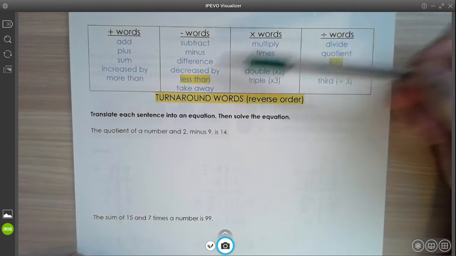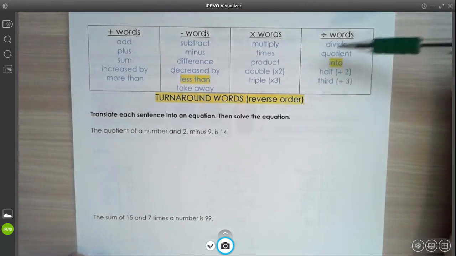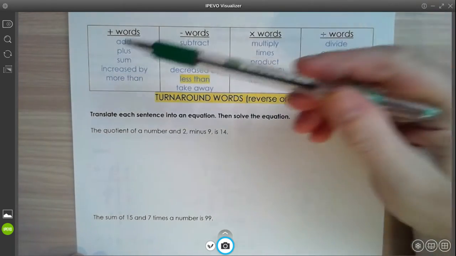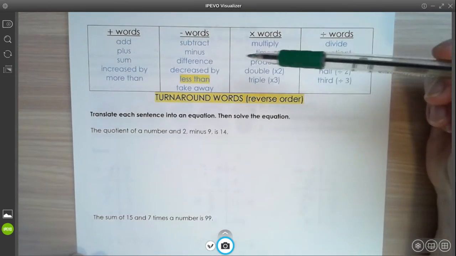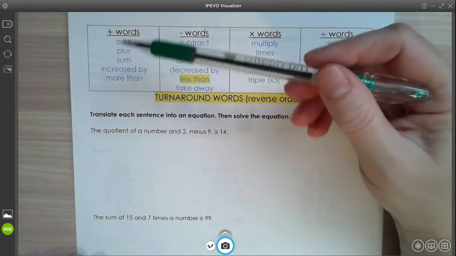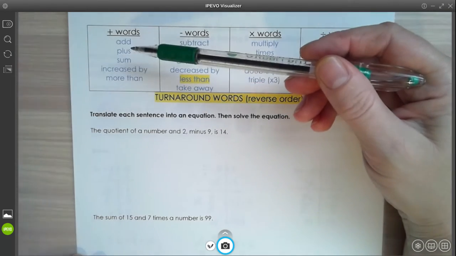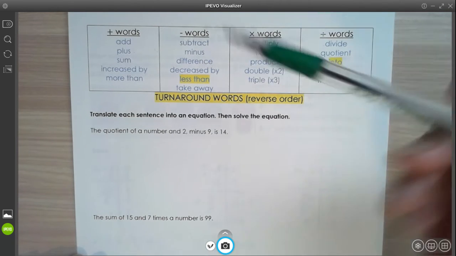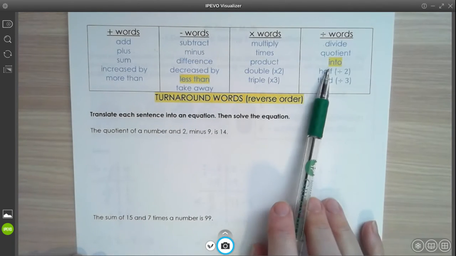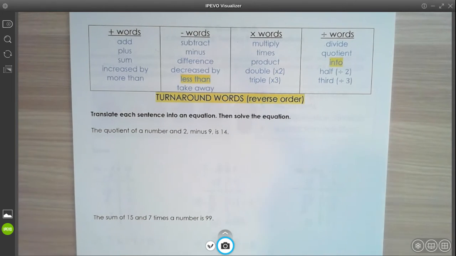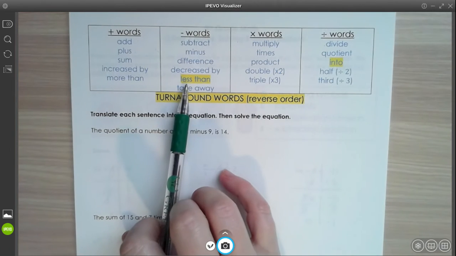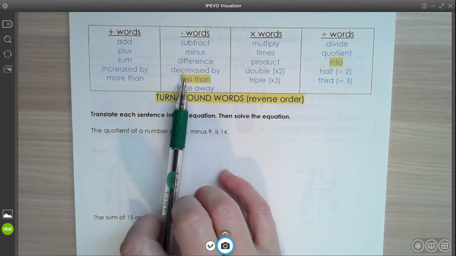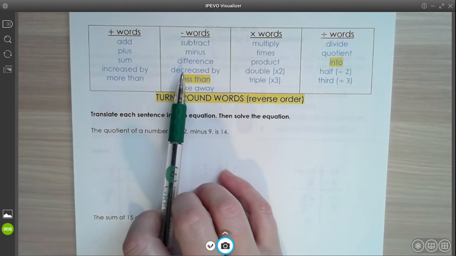Okay, so the highlighted words happen in subtraction and division. That's because with addition and multiplication, the order doesn't matter. If you remember the commutative property, it says I can add in any order, and it doesn't matter, and I can multiply in any order. But that does not apply for subtraction or division, okay? Because if I were to take 7 minus 5, that would be different than 5 minus 7.